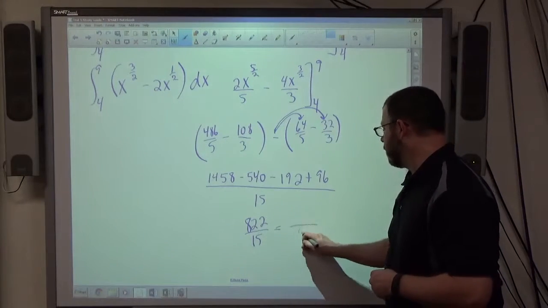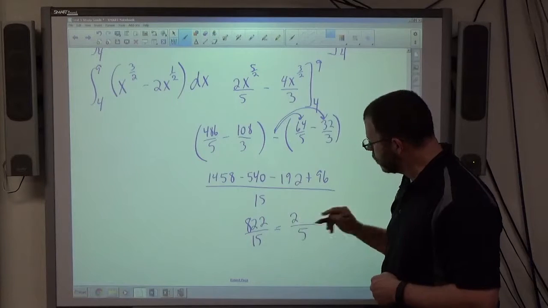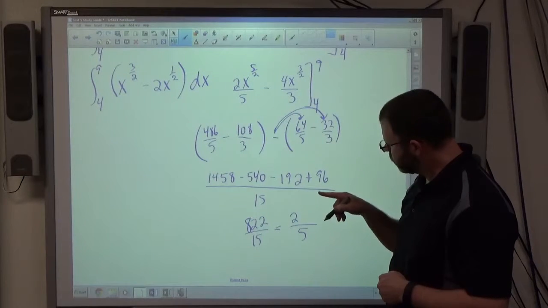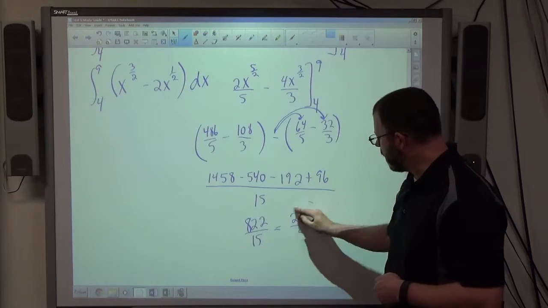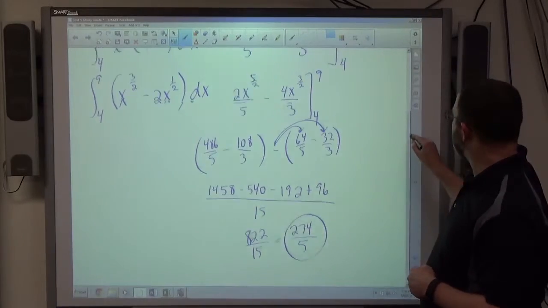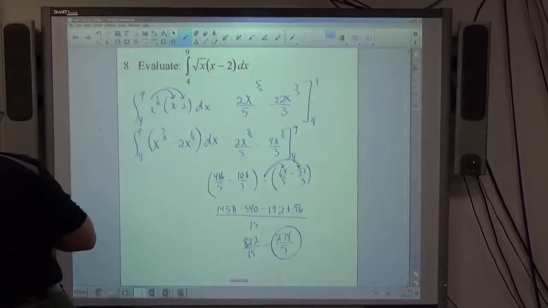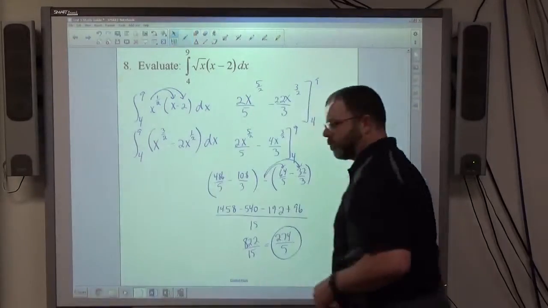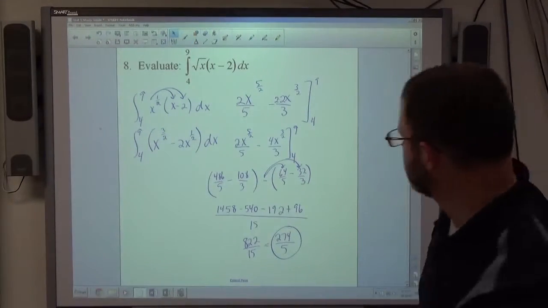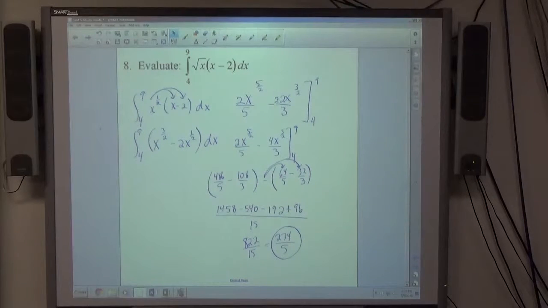So I reduce by 3. 274 over 5 would be the right answer to that problem. I don't know if I'll make the one on the test more pleasant than that or not. Maybe I will. But anyway, that's how you do it.